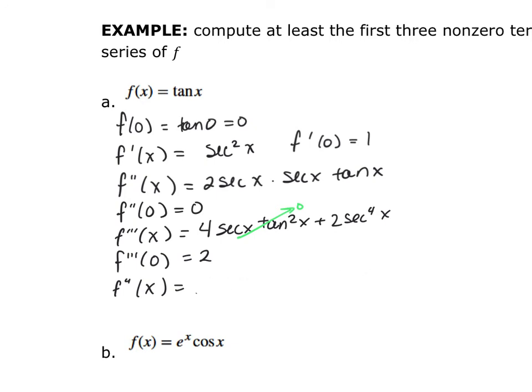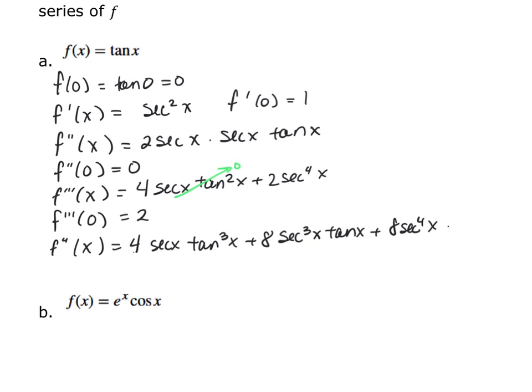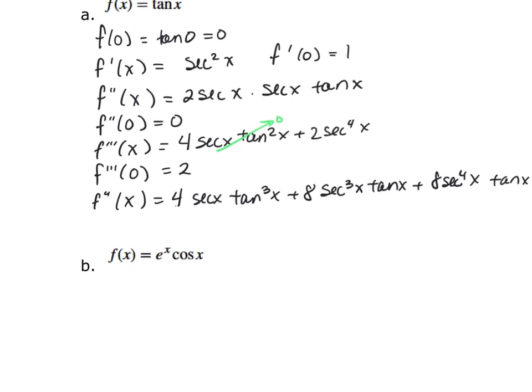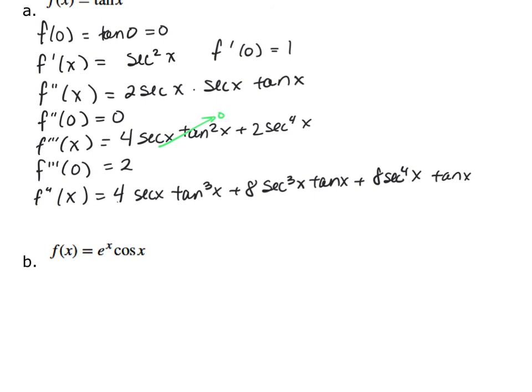We have 4 secant of x tangent to the third x, plus 8 secant to the third x tangent x, plus 8 secant to the fourth x tangent of x. Now what I see is every single one of these terms has got a tangent. So the fourth derivative evaluated at 0 is going to be 0.